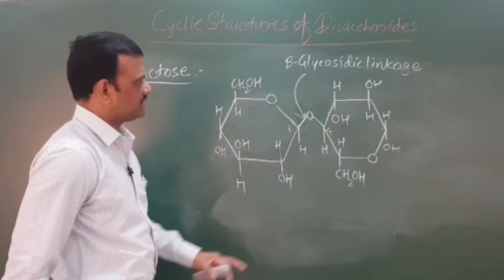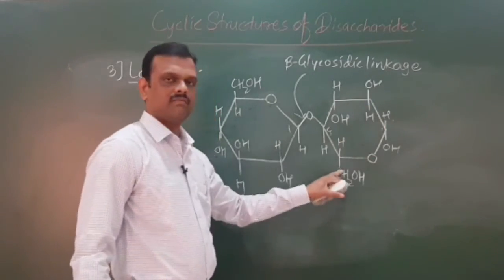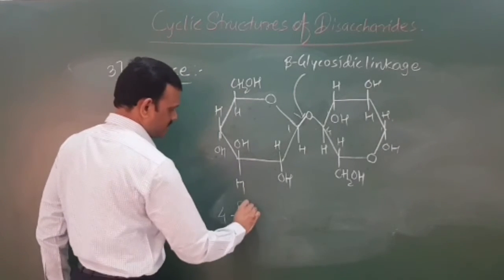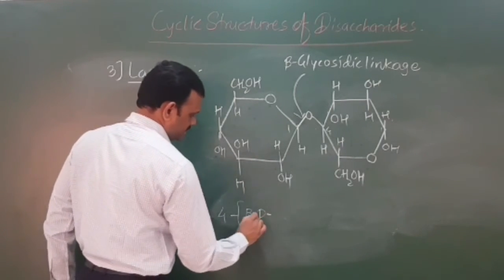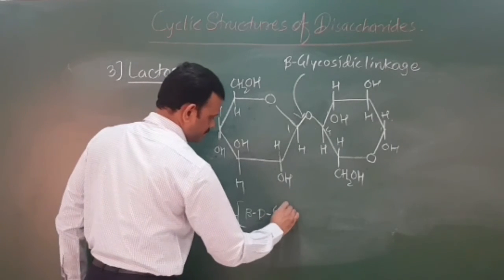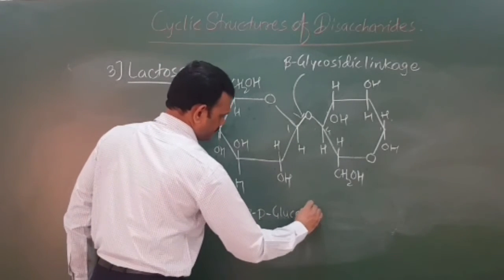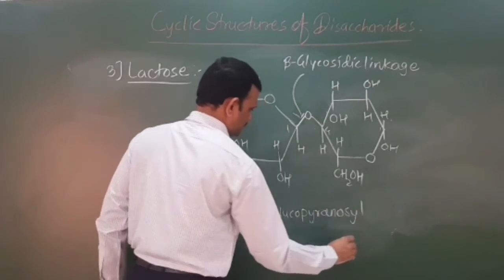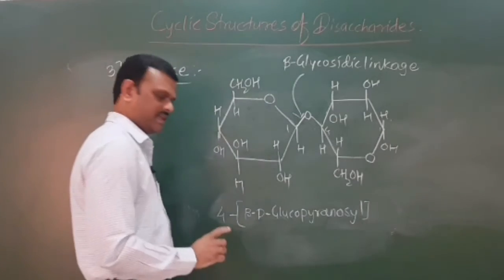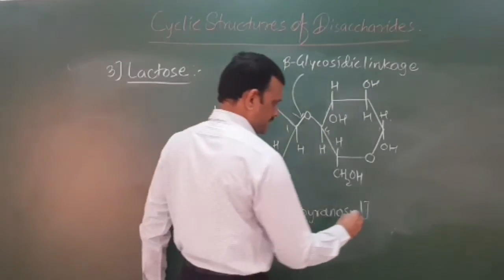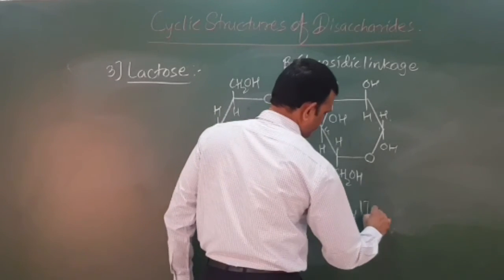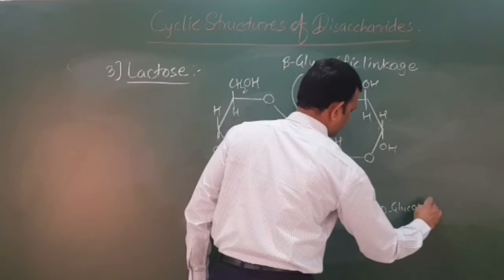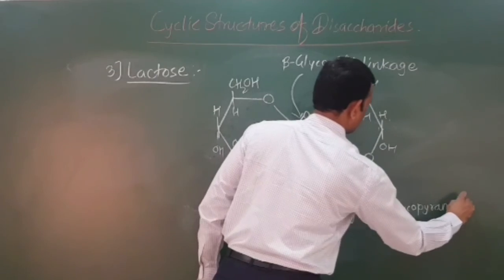Again nomenclature: on the fourth position of this compound, this beta form is connected, beta D glucopyranosyl, beta D glucopyranosyl, and the last one is beta D glucopyranose.